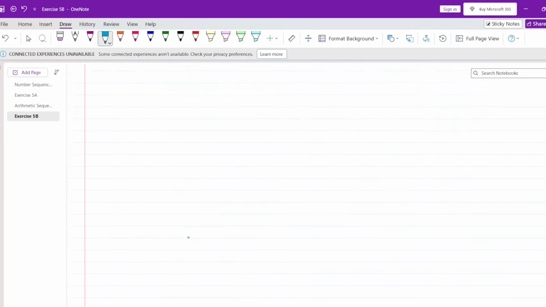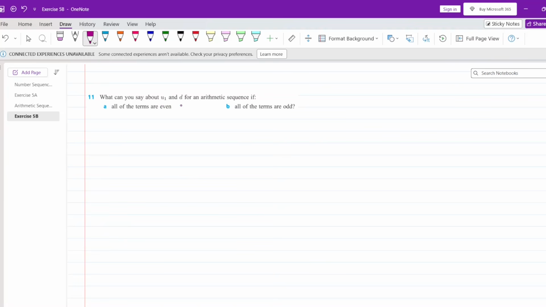Let's go to the next question. What can you say about u1 and d for an arithmetic sequence if all of the terms are even? So let's say this sequence is going to be 0, 2, 4, 6, 8, 10, 12, and so on. All terms are even.